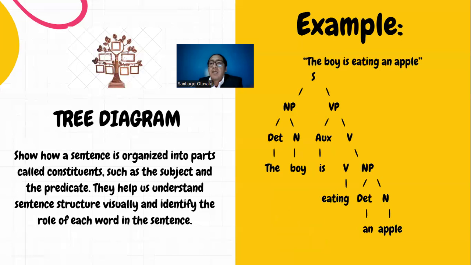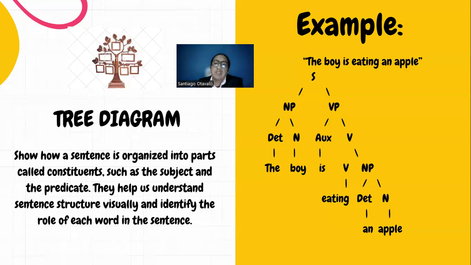Now, here we have another complex example. The sentence is, the boy is eating an apple. The letter S represents the complete sentence, and it is divided into noun phrase and verb phrase. The noun phrase is focused on the noun, and here we have the boy.